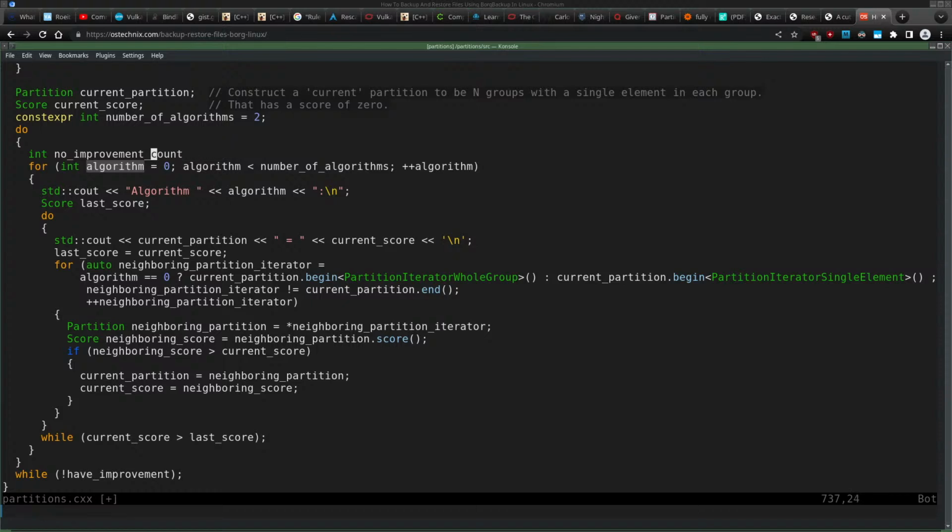Let's remove that. So we have a no improvement count.